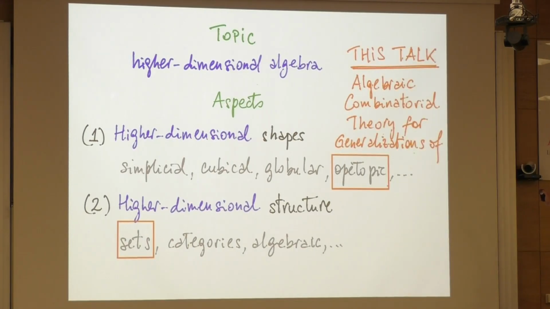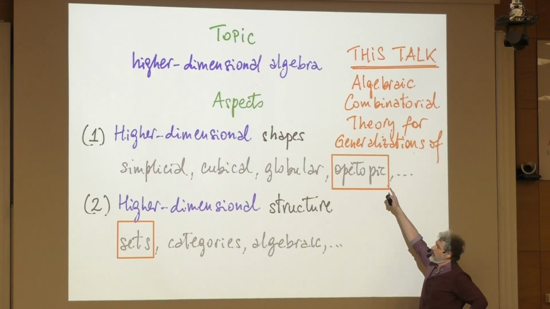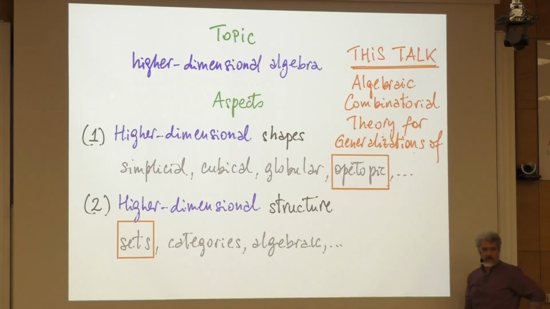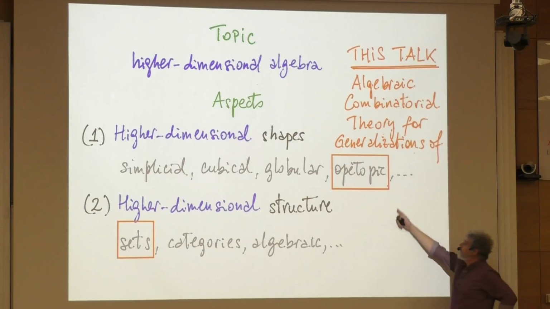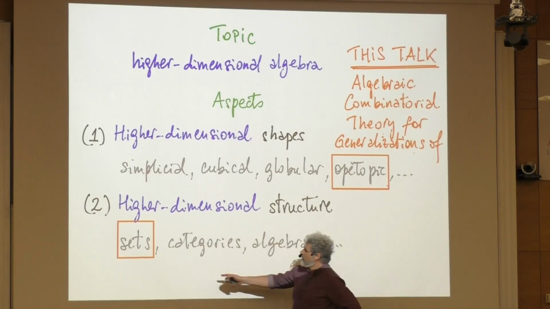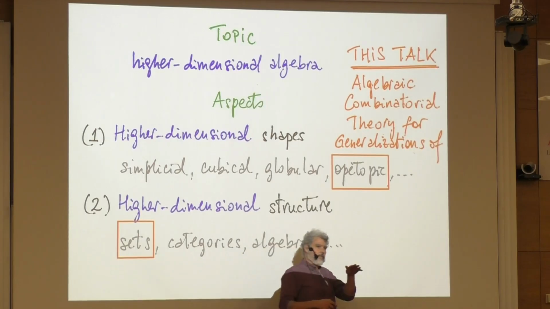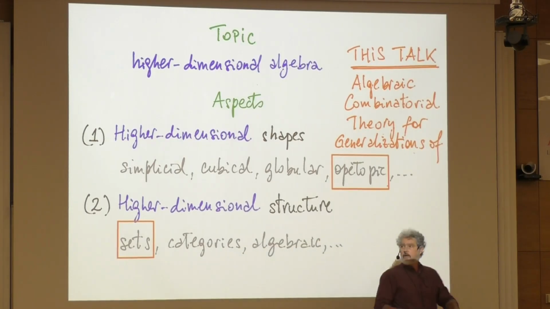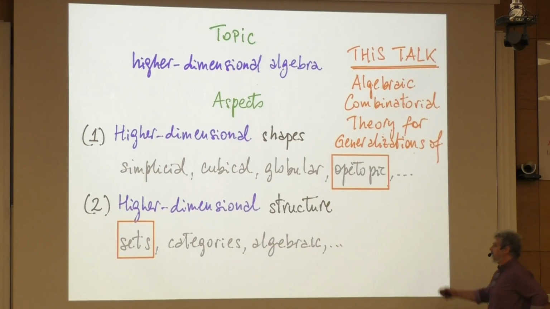In these talks we are going to generalize special kinds of shapes that are of interest in higher dimensional category theory. They are called Opetopes, and they are crucial to defining Opetopic sets, which is the first level before you start defining more interesting higher dimensional structure like categories or categories with algebraic structure and so on.